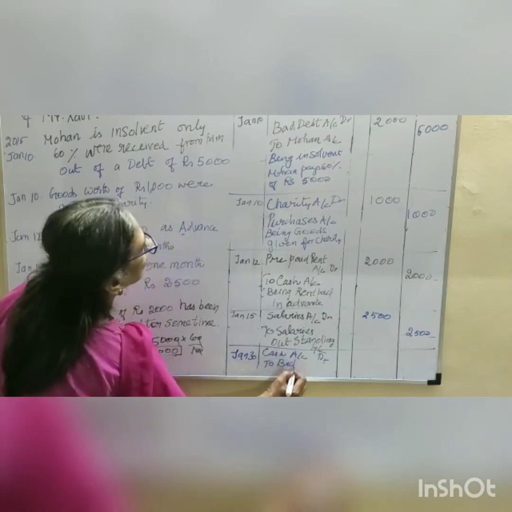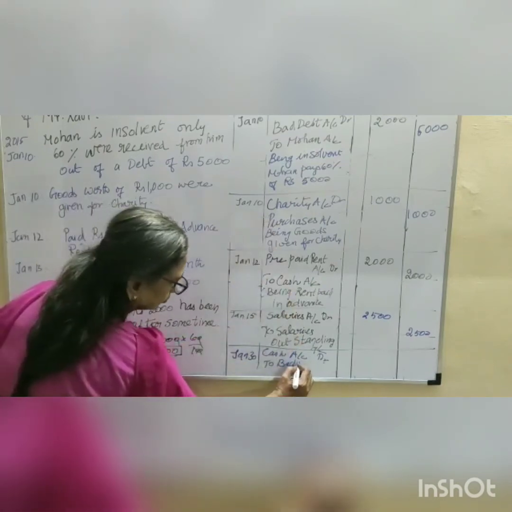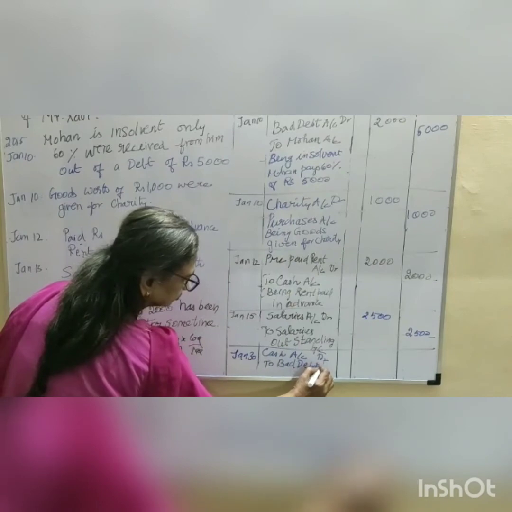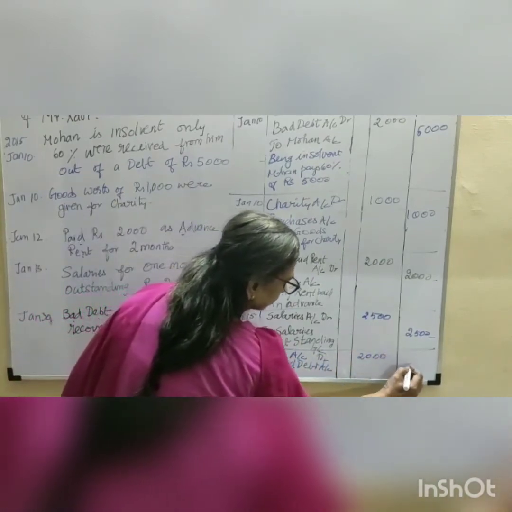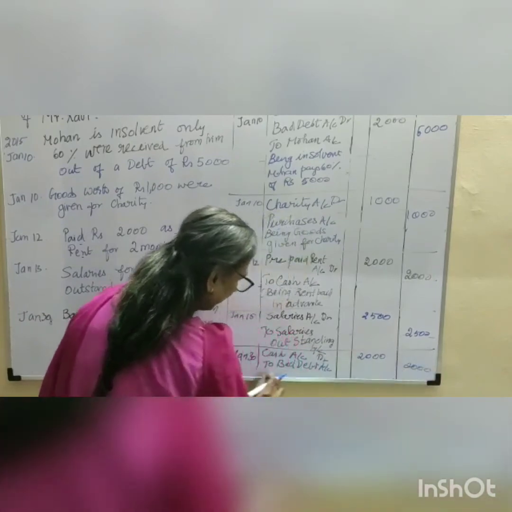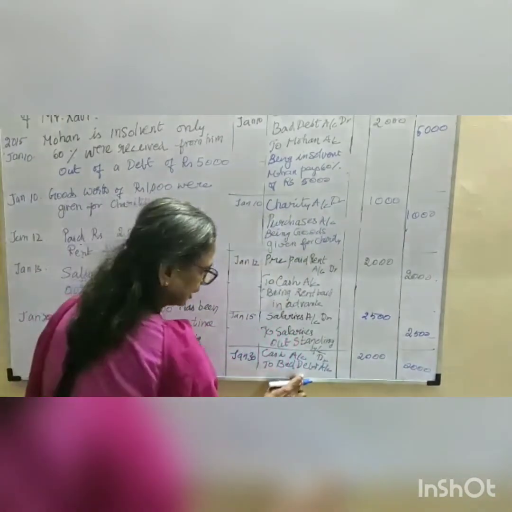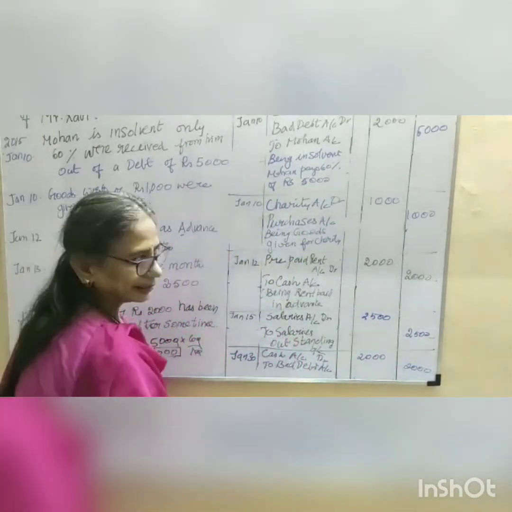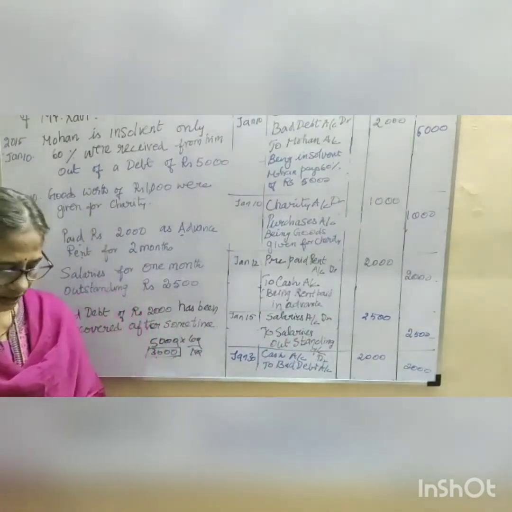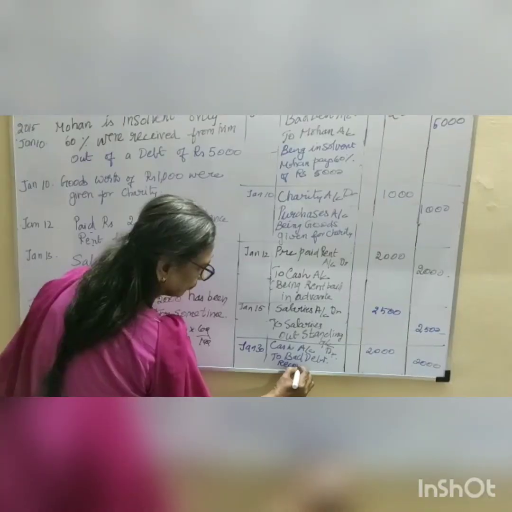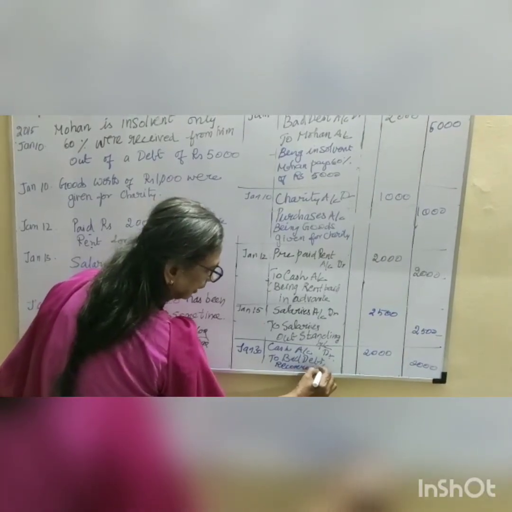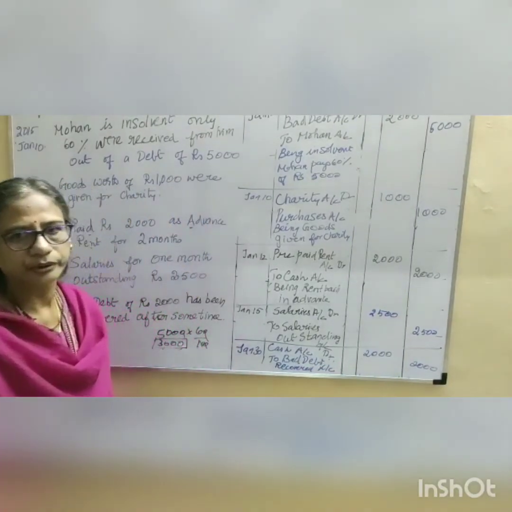Giver of the benefit is bad debt recovered account. How much? 2,000. Being bad debt recovered. Now these 5 transactions get over. Not bad debt account, bad debt recovered account. Okay.